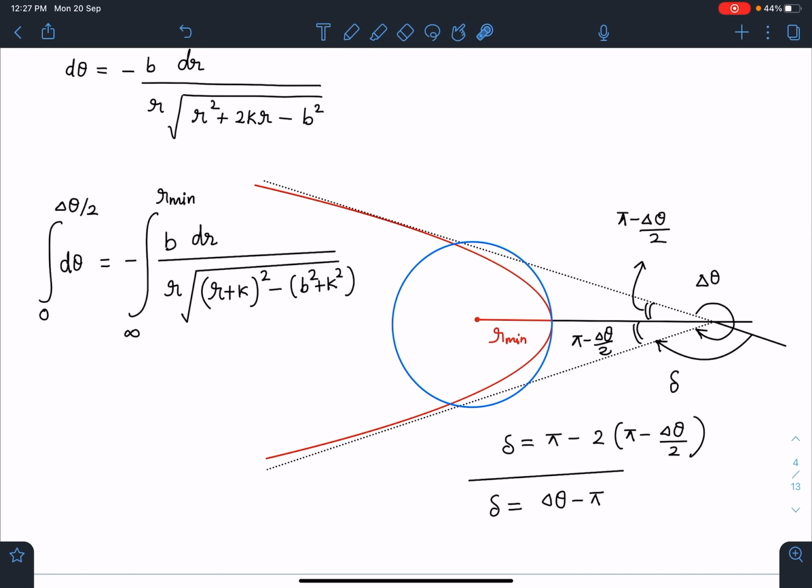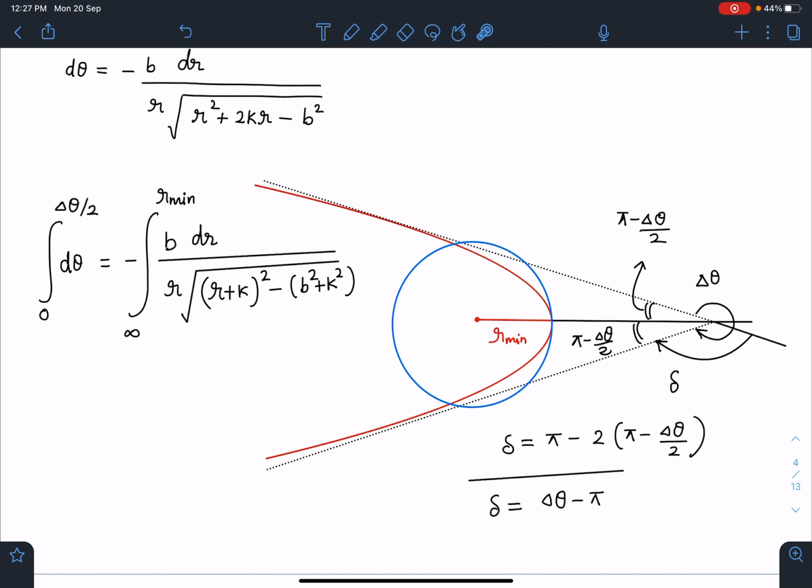So this remaining angle is pi minus delta theta by 2. Similarly, I can say this angle is also pi minus delta theta by 2 by symmetry. So overall delta value I can write pi minus double of pi minus this angle, which is double of this. So when I solve this, I'll be getting delta is equal to delta theta minus pi.